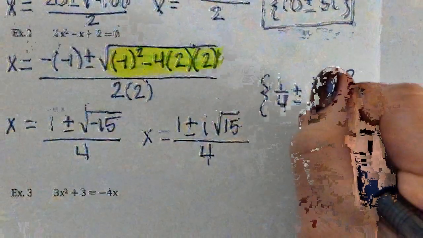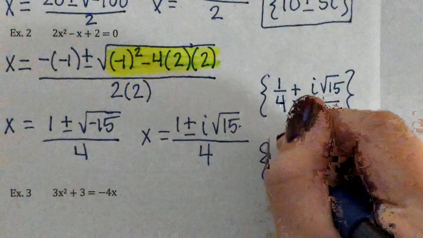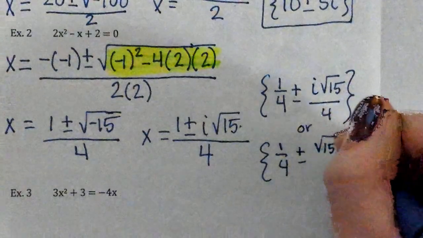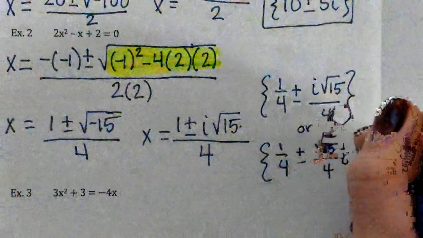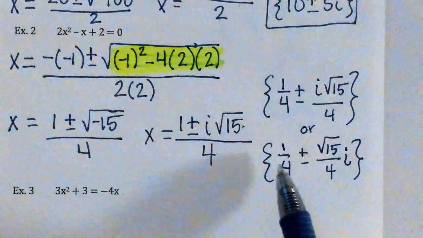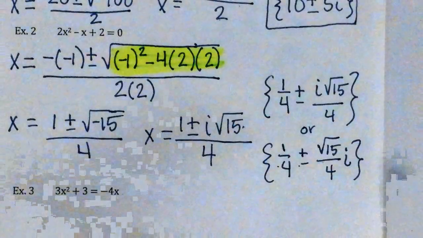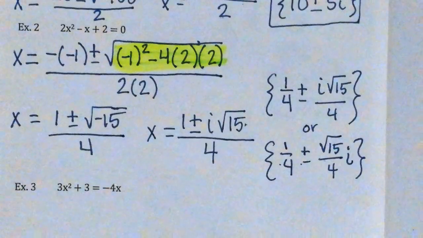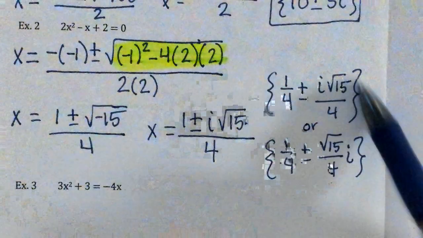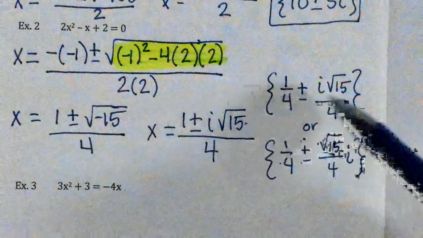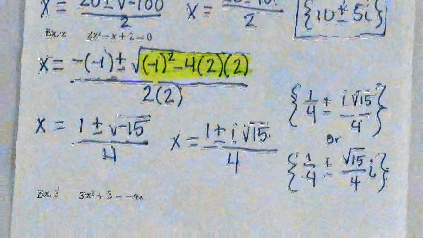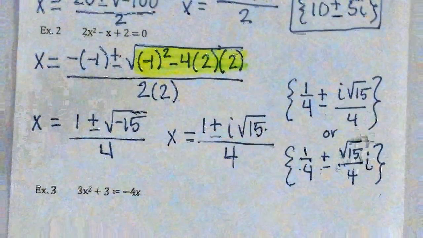So I could also write this one as 1/4 plus or minus the square root of 15 over 4i. And then that one literally looks like a plus bi. What you're going to see largely on the answer keys is this first one more often than the second one, but it is still legit. Okay?